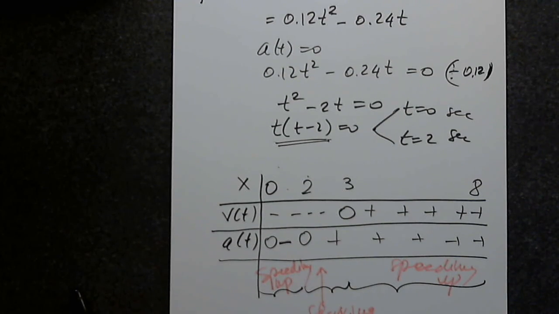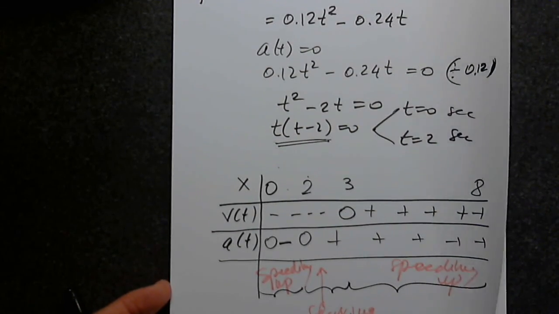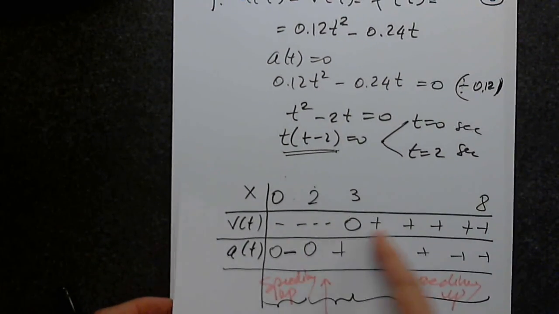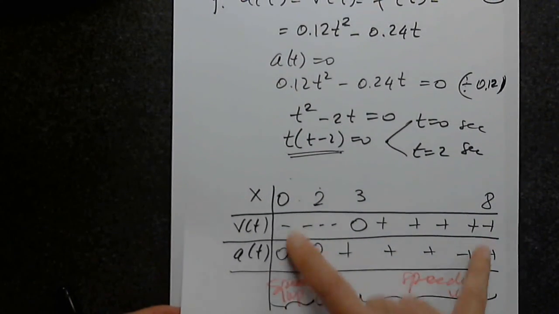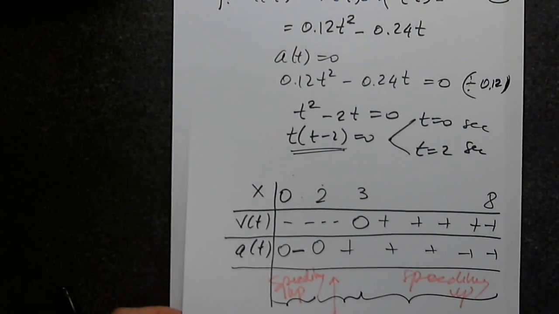However, now they're helping one another from 3 to infinity. Both are above the x-axis, so the particle is speeding up. Questions on this problem? Exactly what we got from studying the sign of the velocity and of the acceleration on the same 0 to 8.